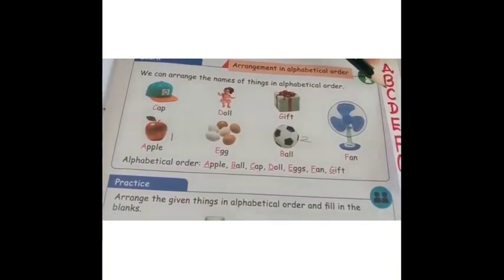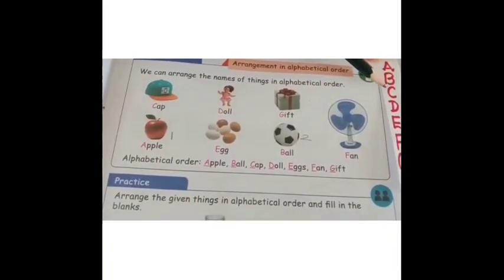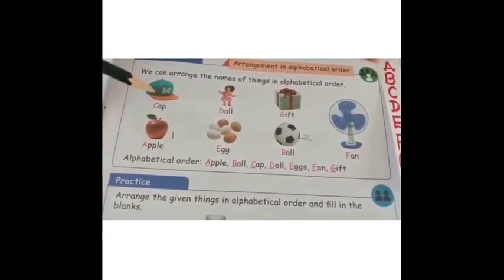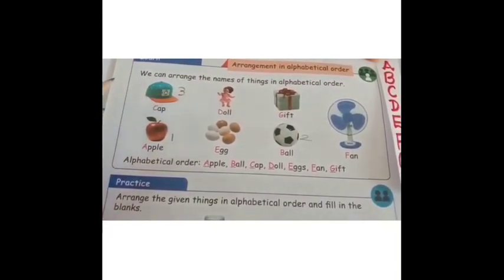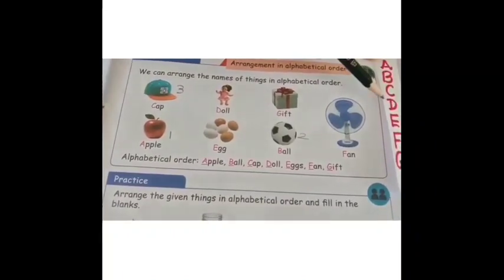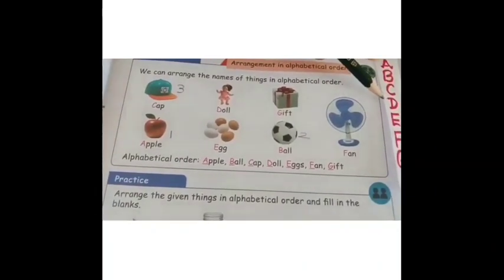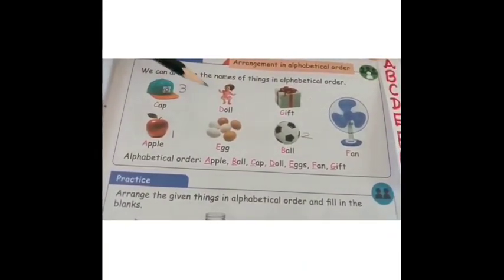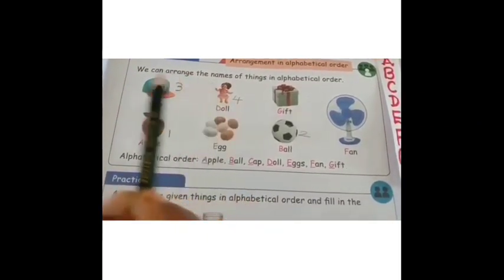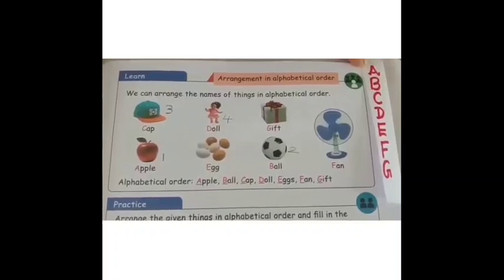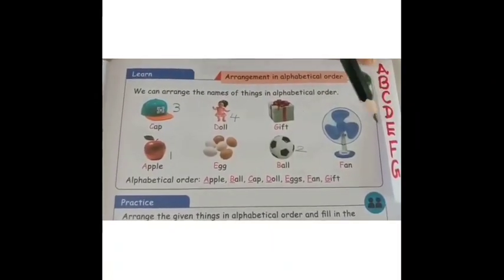Next alphabet C. C for cap. Right? 3 for cap. Next alphabet D. D for doll. Right? 4 for doll. Next E for egg.